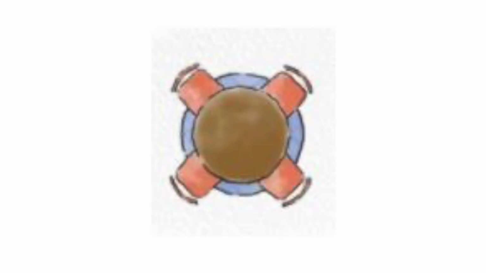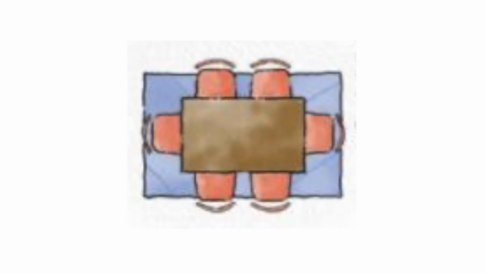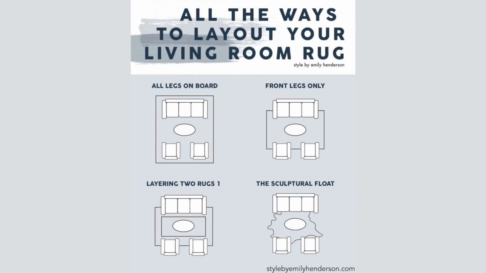You do not want one leg on, one leg off, because you will be constantly fighting with the legs of the chair, and it honestly does not look good. So although in a living room you're able to keep one leg off, you are not able to do this in a dining room. This is why I wanted to show you this diagram, and this is why we are focusing on this today.